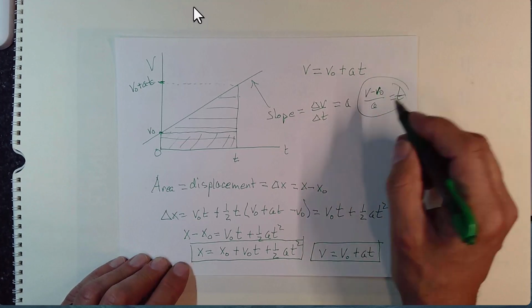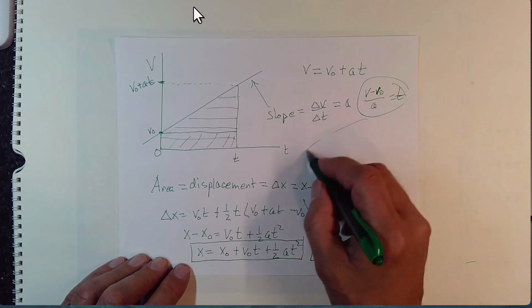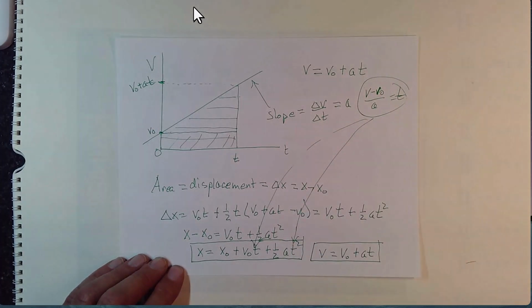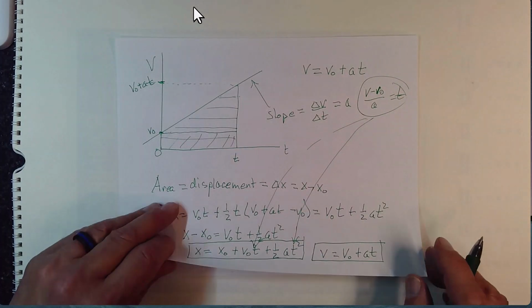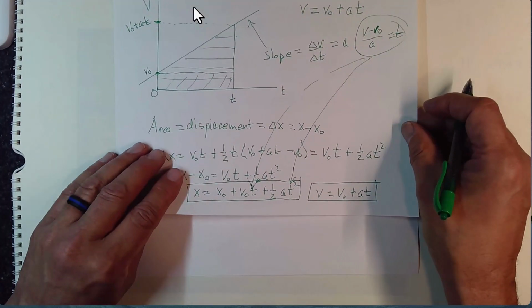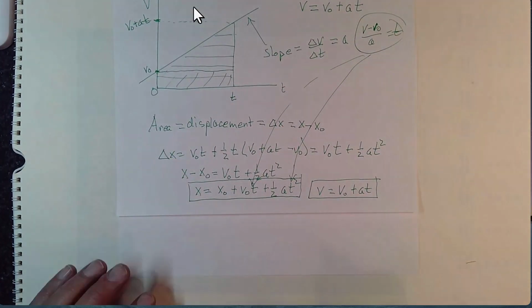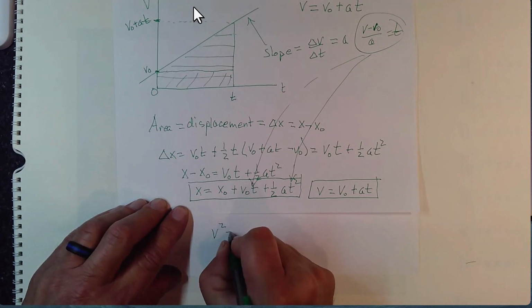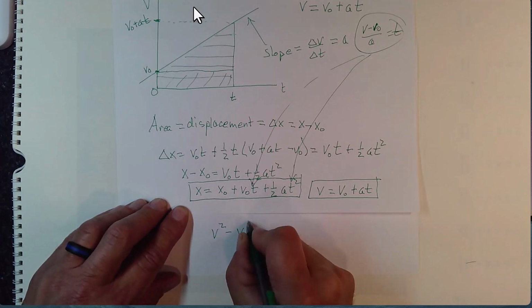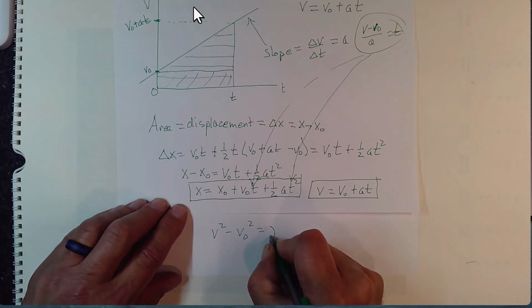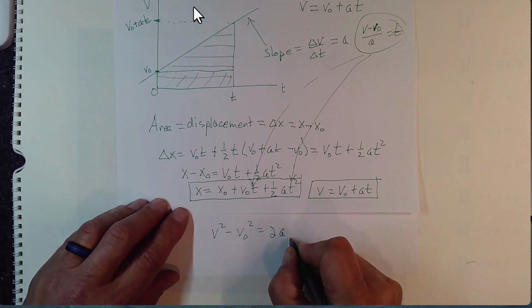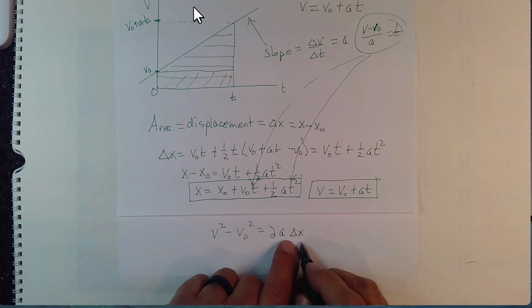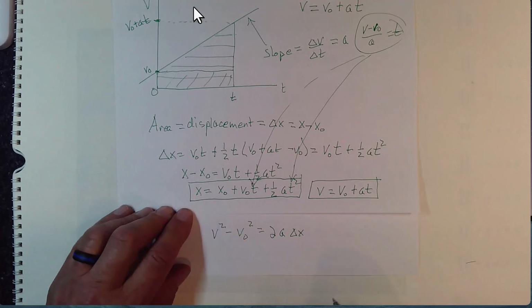You take that t and plug it in down here for those t's, and you get a third equation out of that. I'm just going to write it down here. It's kind of scary, but it looks like this. v squared minus v0 squared equals 2a delta x. And that delta x will be x minus x naught.